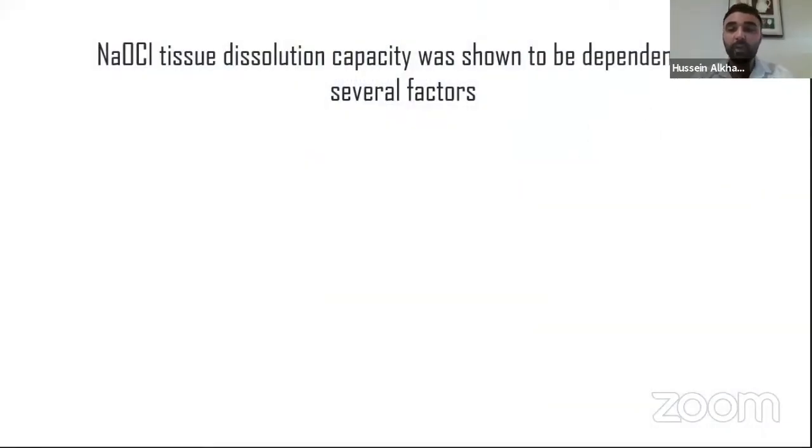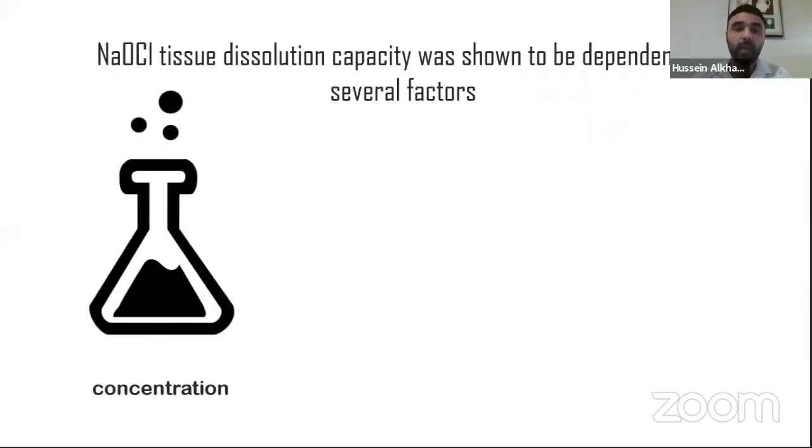An important thing we should mention here is that the ability of sodium hypochlorite to dissolve tissues depends on many factors, such as sodium hypochlorite concentration. By increasing the concentration, we are increasing the available chlorine ions and the dissolving ability of sodium hypochlorite.